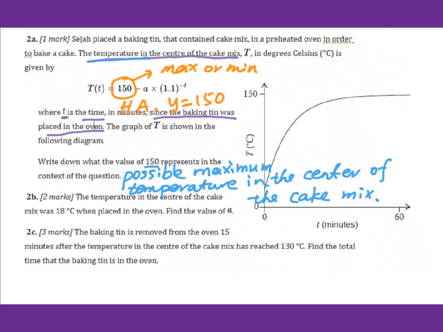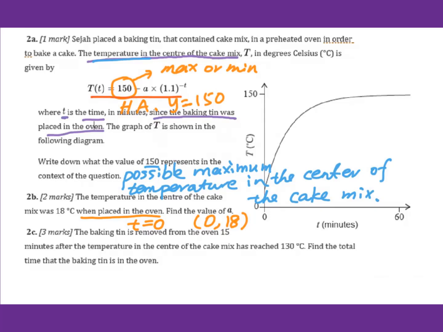For 2b, the temperature in the center of the cake mix was 18 degrees when placed in the oven. Find the value of A. When placed in the oven means t equals 0. So we have (0, 18). Now we plug into this formula.